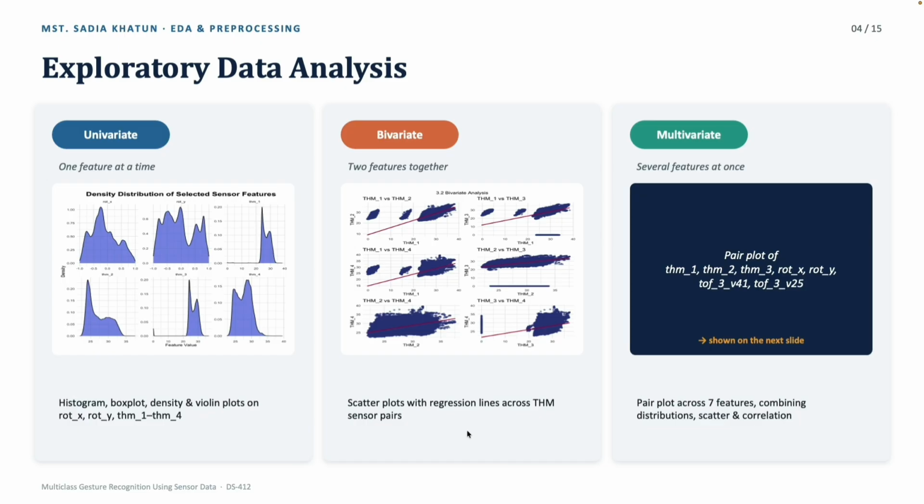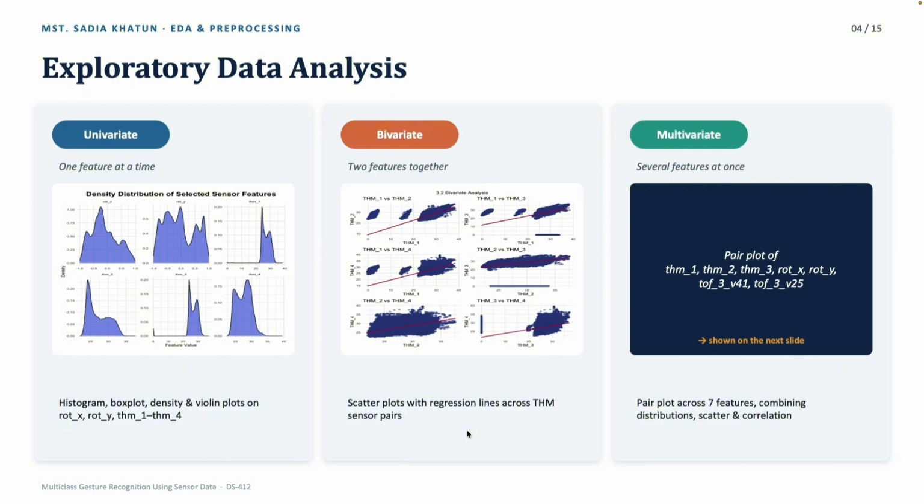Now I would like to present the exploratory data analysis or EDA part of our project. In this stage, we explored our sensor data to understand its overall patterns and characteristics. First, we performed univariate analysis, where we analyzed individual features to understand their distributions and variations.